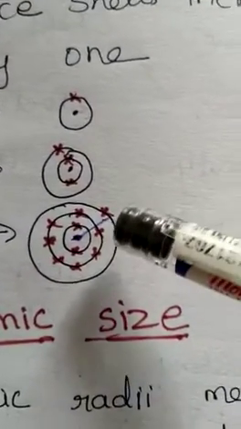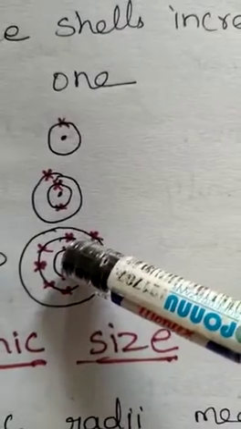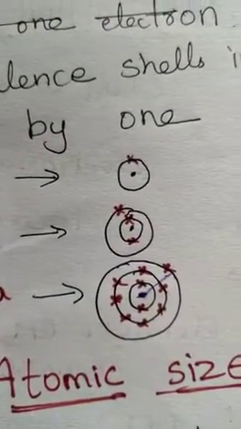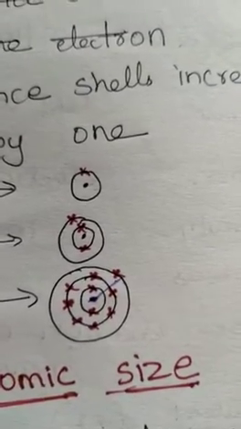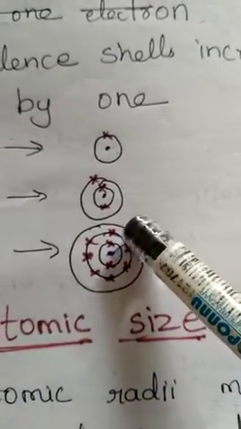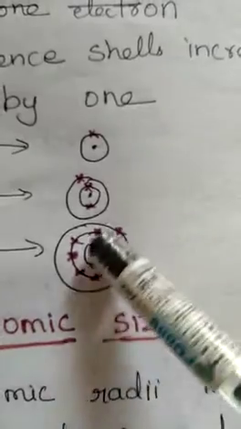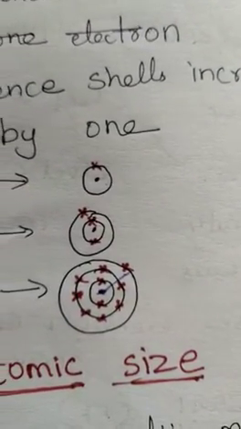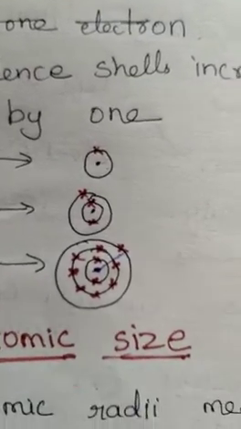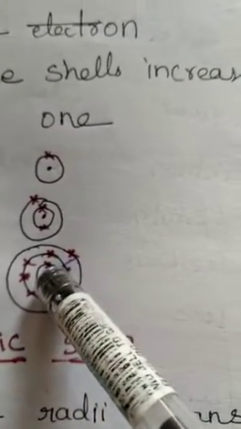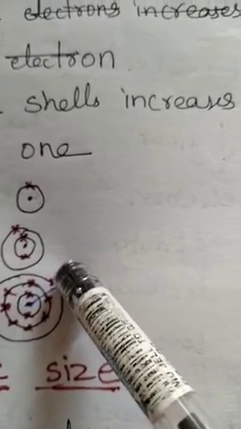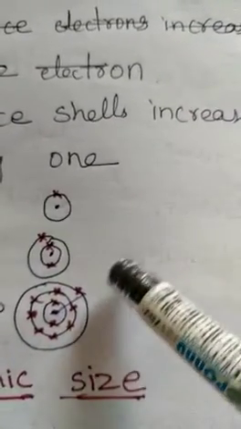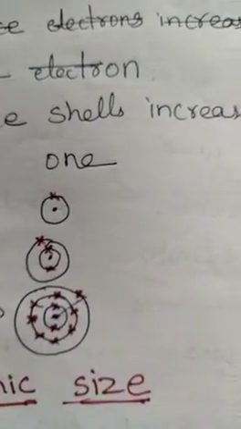Okay, so if the electron is far from the nucleus, the ionization energy decreases. That means to remove this electron from this atom, there is no need of more energy. Because there is less attraction between the nucleus and this electron, it is easy to remove because it is far from the nucleus.